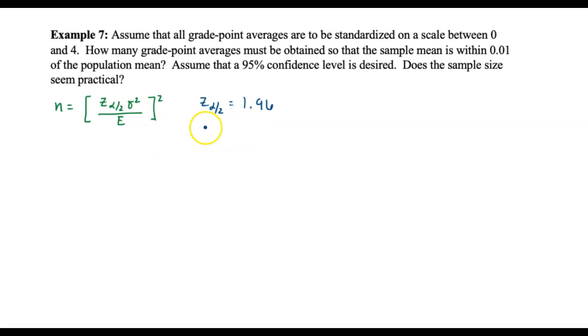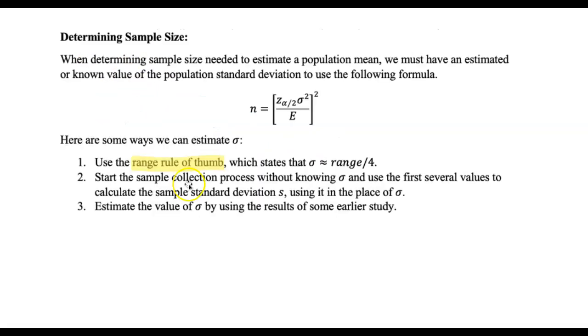Now, standard deviation. In this problem, I don't see any kind of standard deviation. And looking back at our methods here, we've got essentially one of them that involves raw data. Now we don't have the raw data for this problem, so we can't use number 2. Number 3 involves research, which we don't really want to do. And so we're going to use the range rule of thumb.